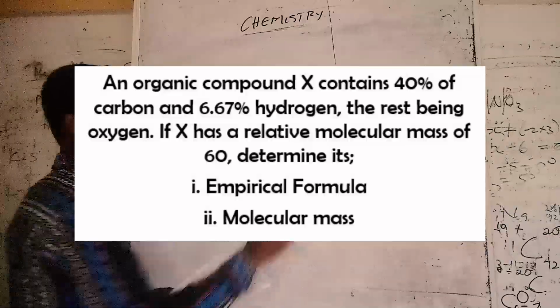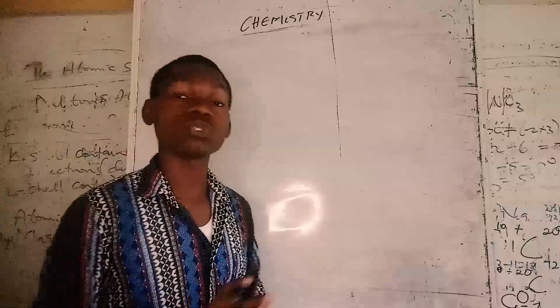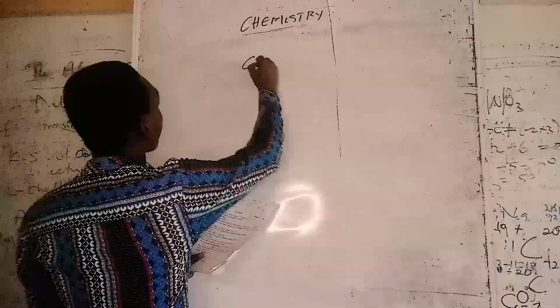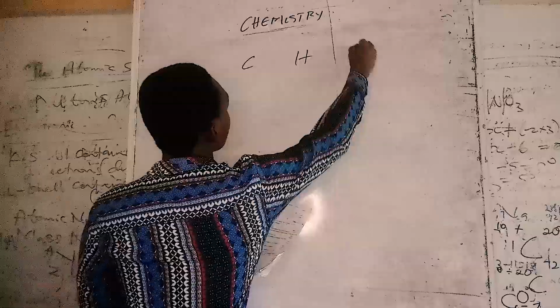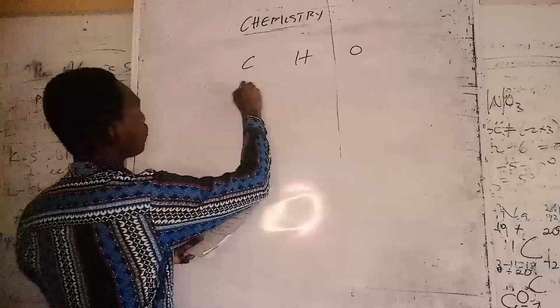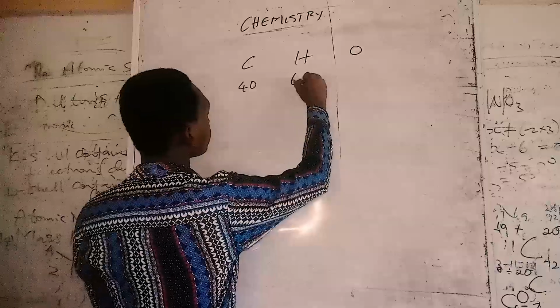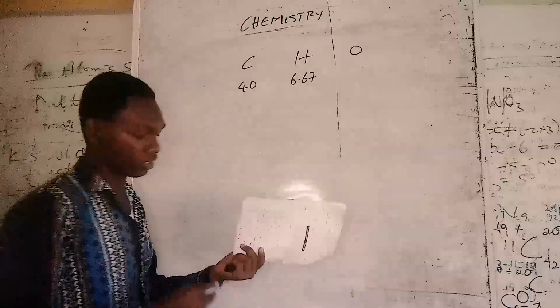We are told that the organic compound X, whose formula we are trying to identify, contains carbon, hydrogen, and oxygen in this particular ratio: 40% of carbon, 6.67% of hydrogen.